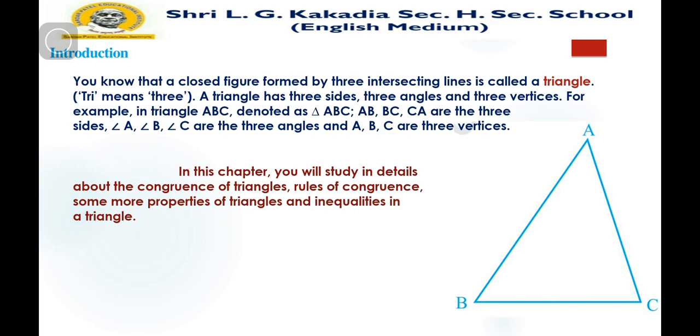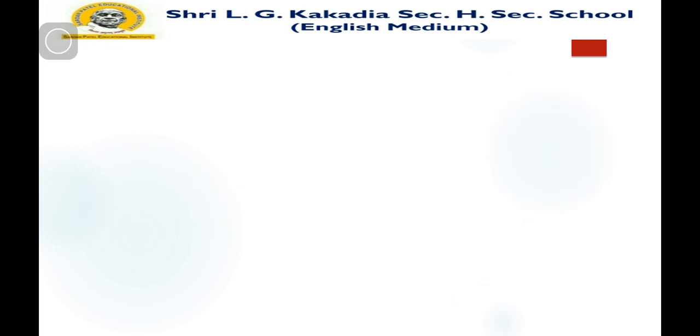Now let us first understand what congruent figures or congruent shapes are. So as an introduction, we are going to discuss congruence of triangles. For that, you know the ATM card; many of you have an ATM card.